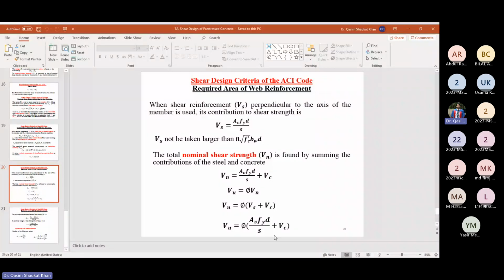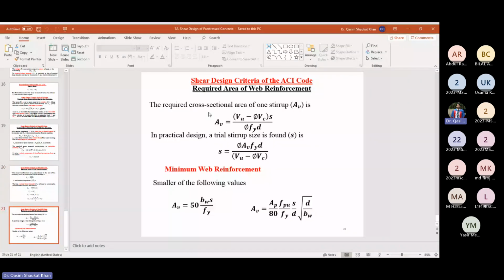Then the required cross-sectional area of one stirrup is very clear. Vu is the total applied shear. This is the contribution of the concrete. So total shear minus the contribution of the concrete will leave you with the contribution of the steel.